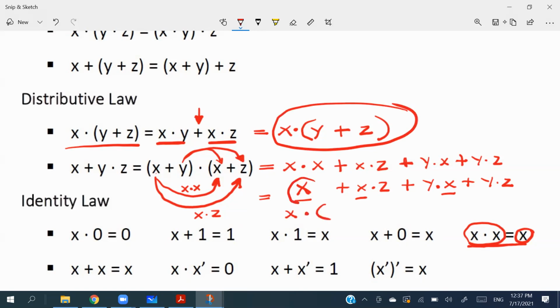Since I take the x from this point, it goes with 1. Plus, since x is gone from here, z remains. Plus, since this x is gone from here, y remains. Then close the bracket because I was taking x from those three terms, and y dot z remains.